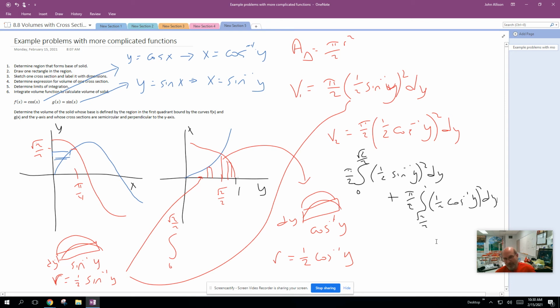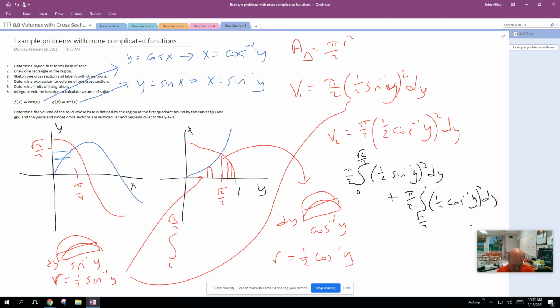And if we're going to integrate that, that again would be something for the calculator to do. So here, I'm just going to type in these integrals, have it calculate that, then multiply everything by pi over 2. So I'm going to do the integral in the calculator. Math 9, from 0 to square root of 2 over 2, of 0.5 sine inverse, and I'm putting x's in the calculator, remember that.